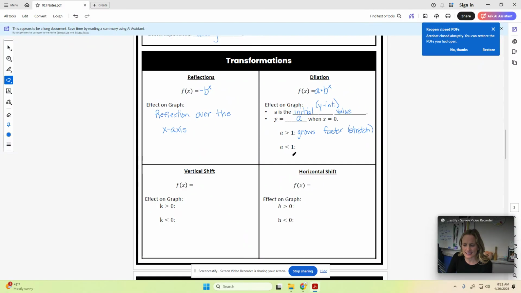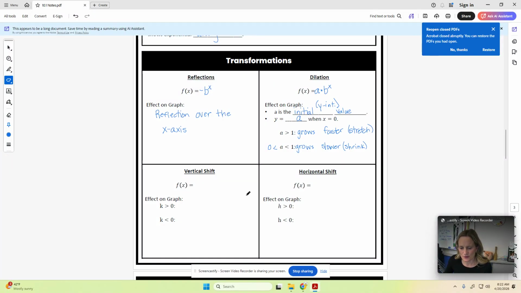And when a is less than 1, which more technically we're talking about between 0 and 1, so we've got a fraction less than 1, it's going to grow slower, so it's going to look like that graph got shrunk or compressed. You're not going to have as rapid vertical growth.